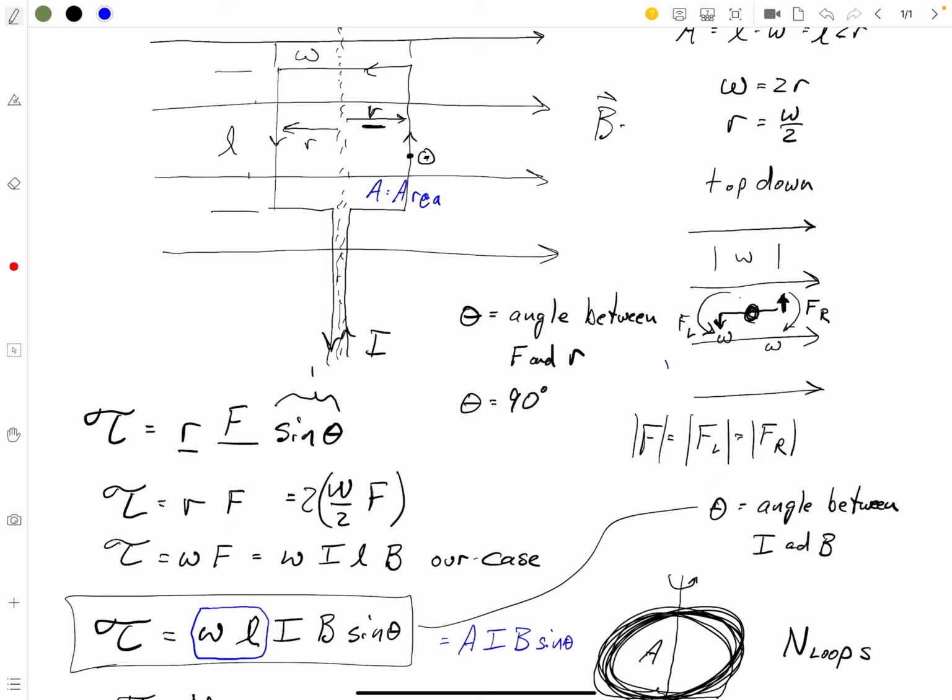between the normal of the area. So theta is really between the normal to the area and the B field.